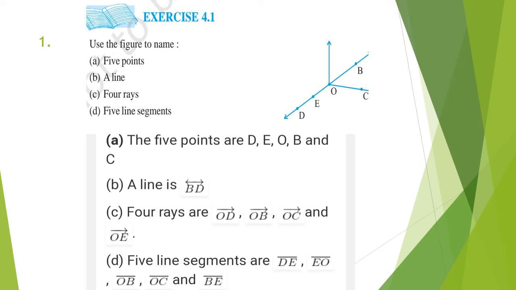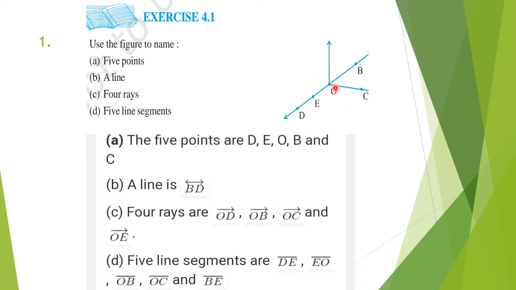Exercise 4.1. Question number 1. Use the figure to name 5 points, a line, 4 rays and 5 line segments. The 5 points are D, E, O, B and C. A line is line BD.